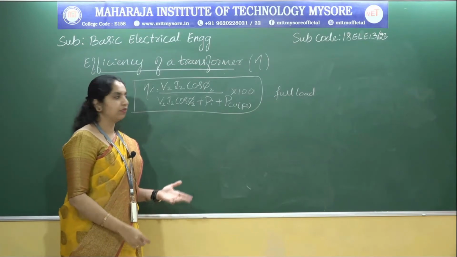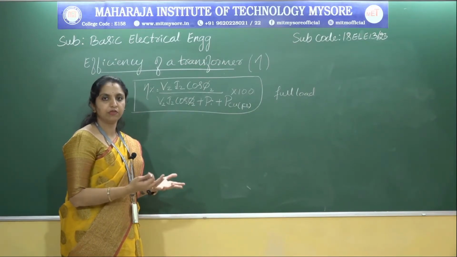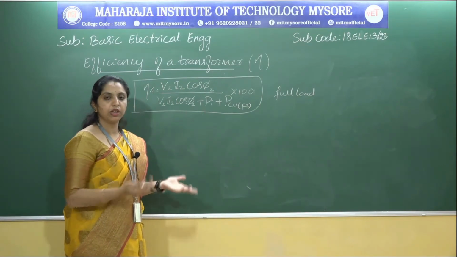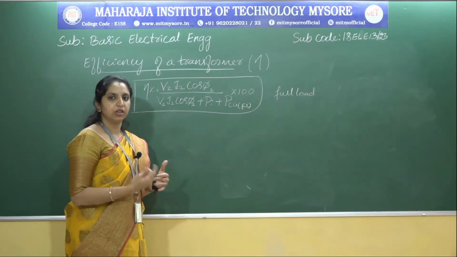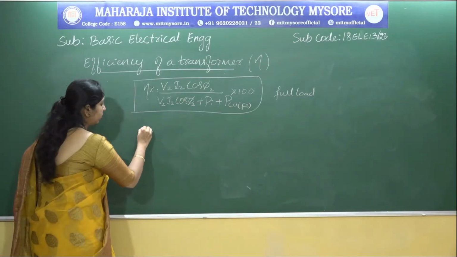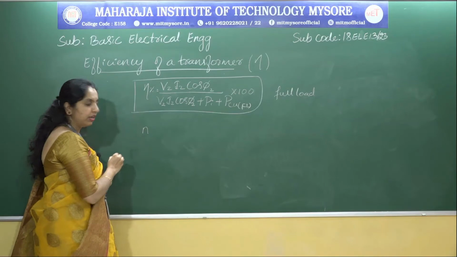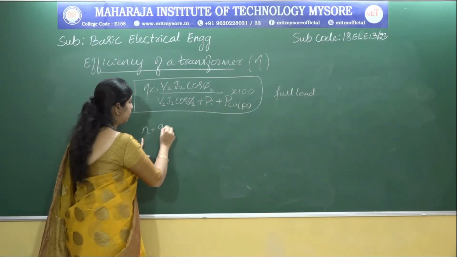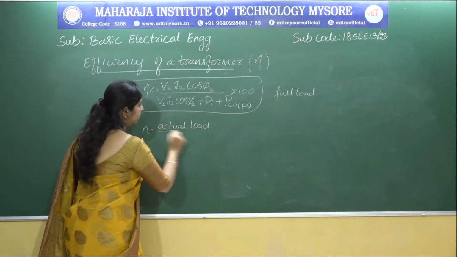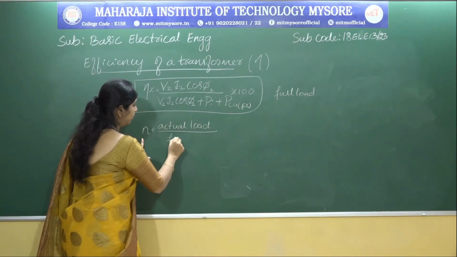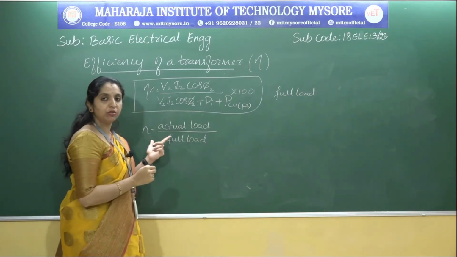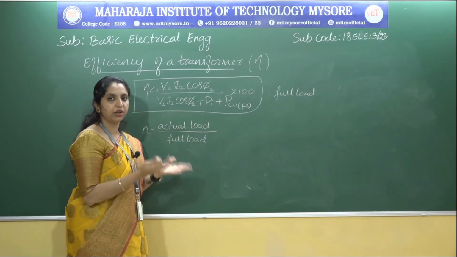Then what is full load and what is half load or fractional load? Instead of having full load, can't we have different loads? Of course we can have a different load, and we call it fractional load, expressed as small n. Small n is the actual load divided by the full load. The actual load is the load which we consider in a transformer.